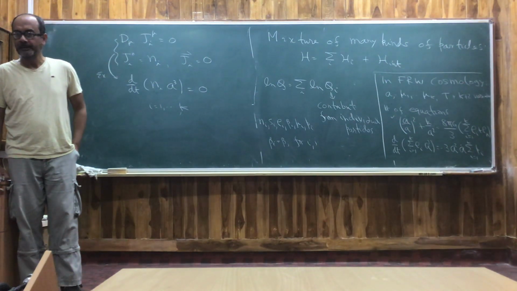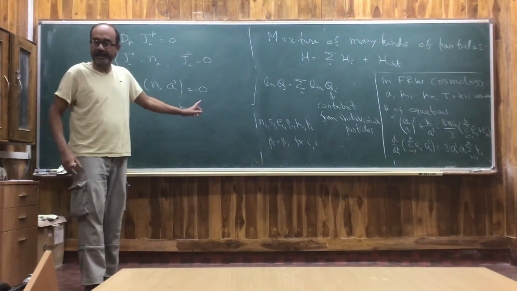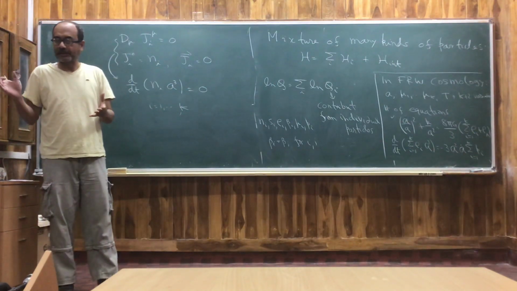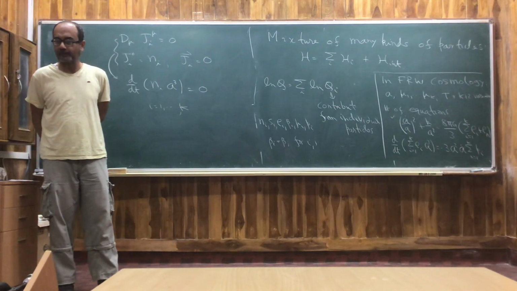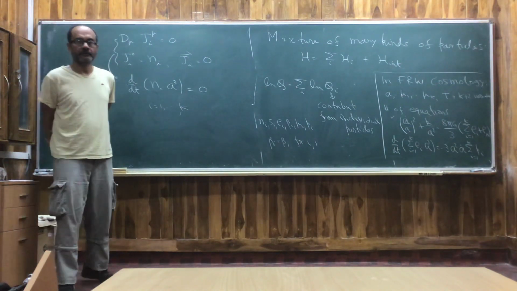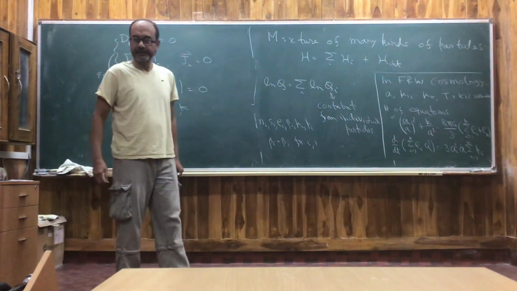When there is a global conservation, I'll discuss this general case later, where not everything is conserved, only some combinations are conserved. Like for electron and positron, the difference between the number of electrons and the number of positrons is conserved. The sum is not conserved in thermal equilibrium. The mu's will be related. Exactly.